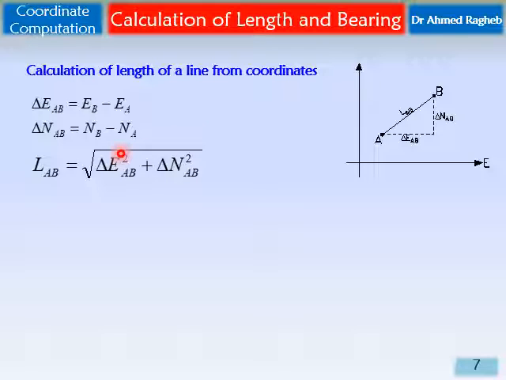Finally, what we want to get is the bearing. So how do we calculate the bearing? Delta E AB equals L sine alpha, delta N AB equals L cosine alpha.